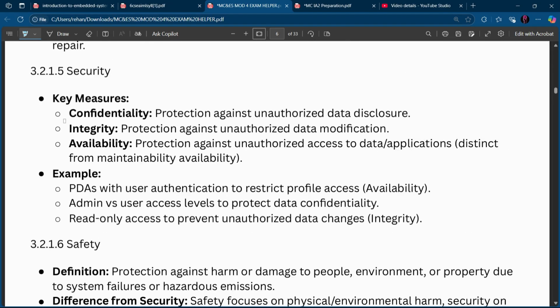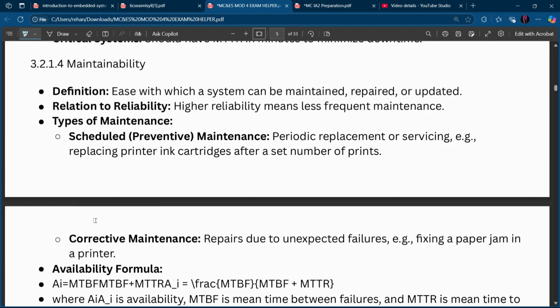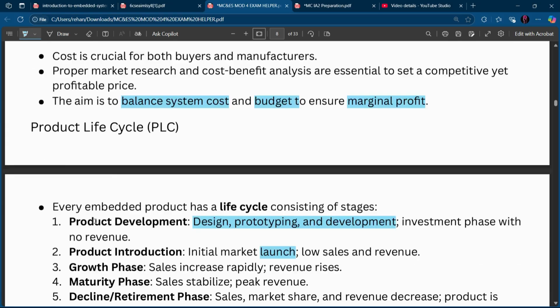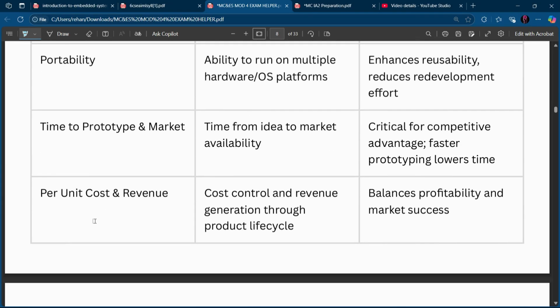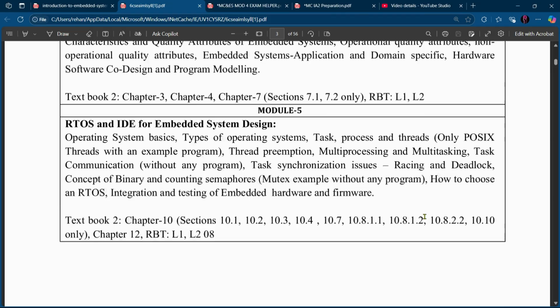For key measures, examples, definitions, and threats, you have to make it so that everything is covered and looks professional. These notes are made based on Bloom's taxonomy levels, also called RBT levels. They are mentioned here: only L1 and L2 are there.